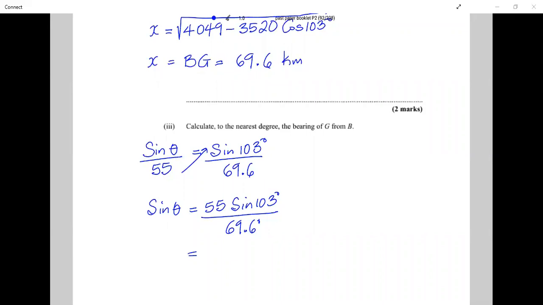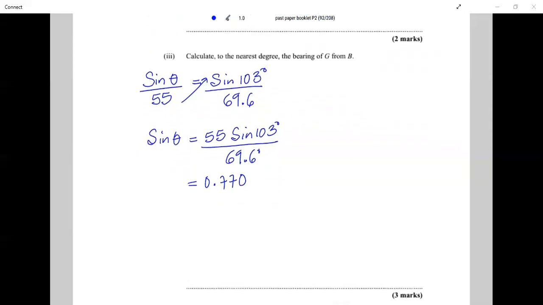So it's 55 sine 103 divided by 69.6. And the answer there is 0.770 to 3 decimal places.